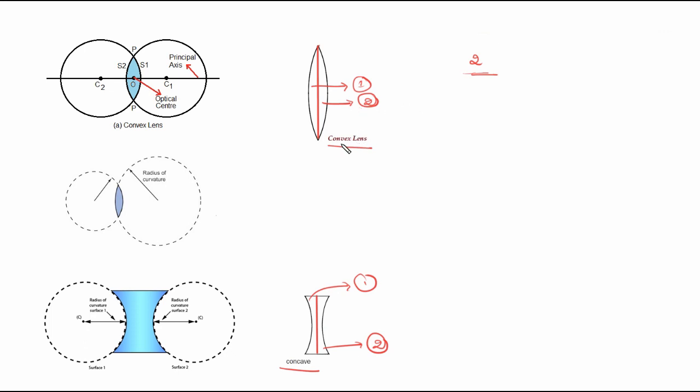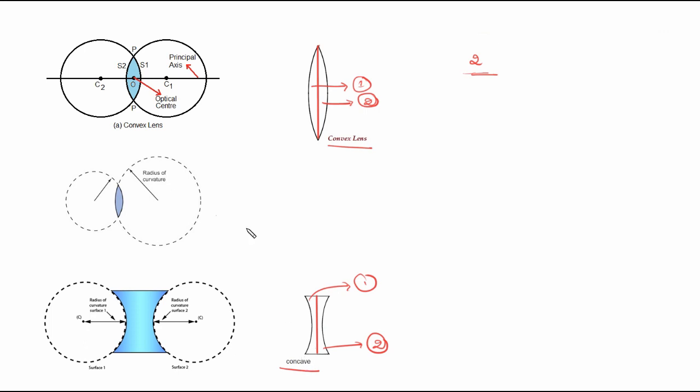See here, they have mentioned convex lens, concave lens, which means we are quoting the biconvex lens or double convex lens. If I simply say convex lens, you need to understand I am referring to the biconvex lens or double convex lens. Similarly, concave lens means a double concave lens or biconcave lens.